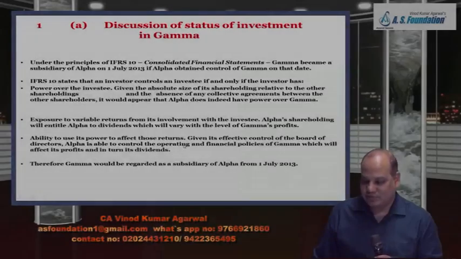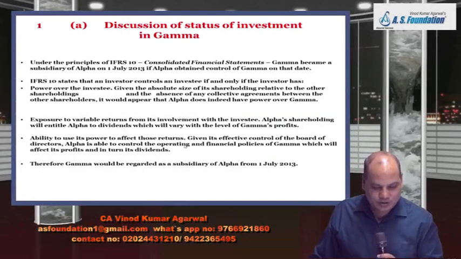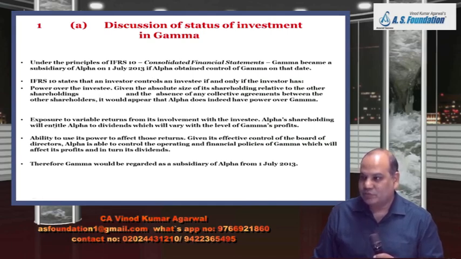Okay, please come back to this wonderful question number 39. First answer we have discussed why it is a subsidiary. We have discussed power over the investee, exposure to variable return, ability to use its power to affect those returns.